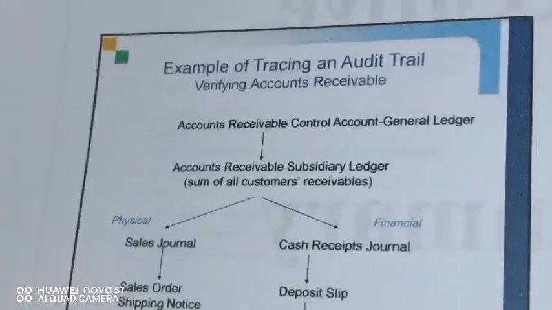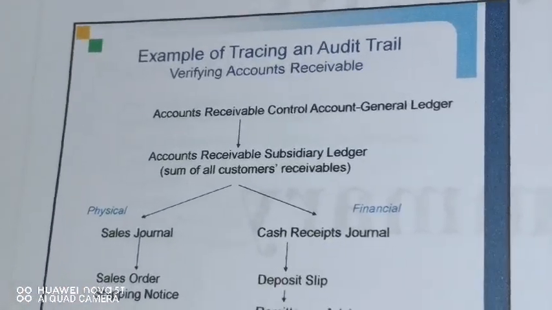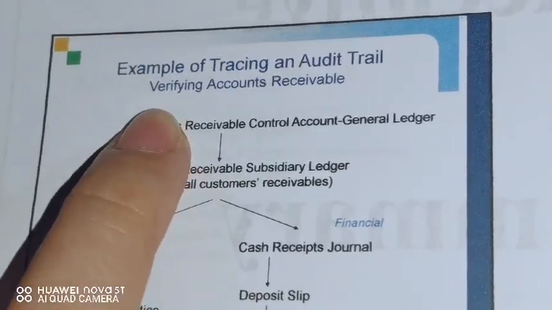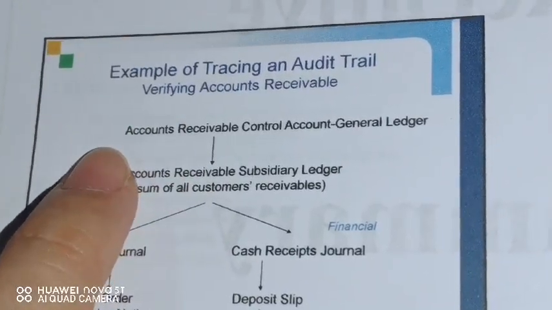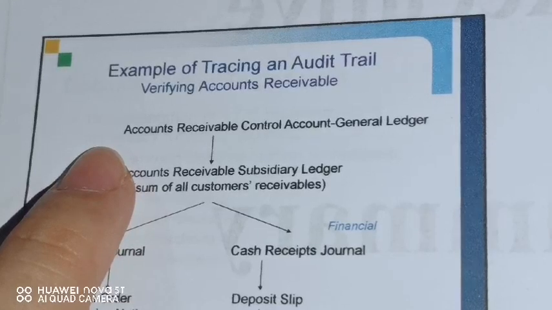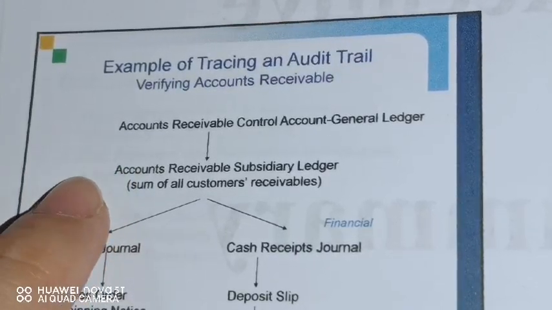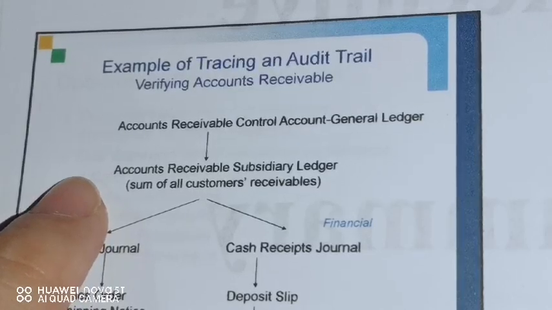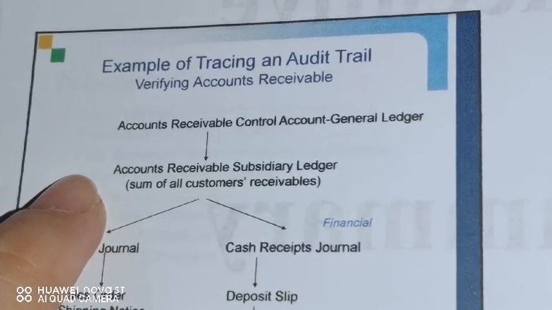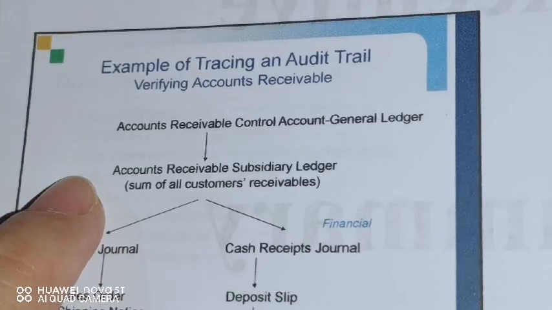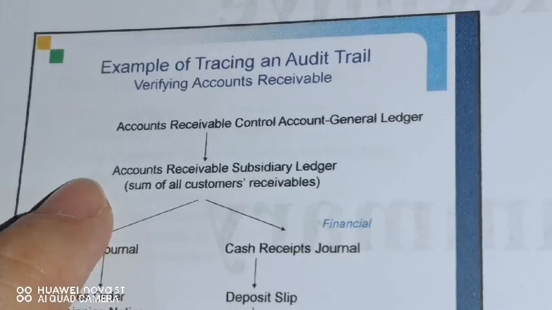Okay. So, example of tracing an audit trail. For example nga, yung verifying of accounts receivable, wherein accounts receivable is the control account in the general ledger. And then under the accounts receivable control account, there are several accounts receivable subsidiary ledgers, which is the sum of all the customers' receivable.